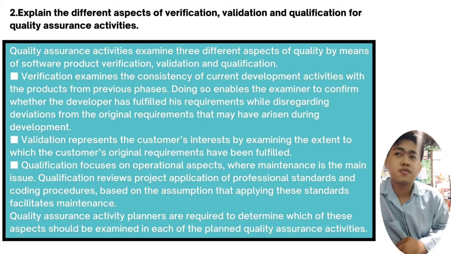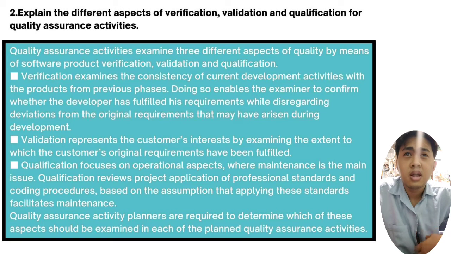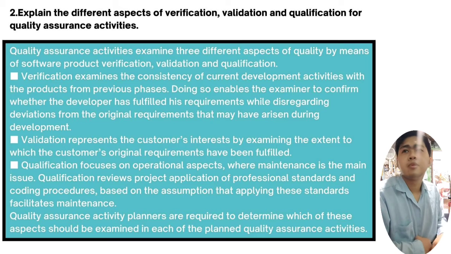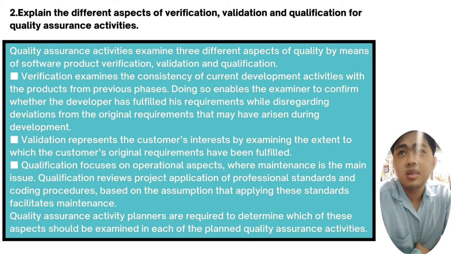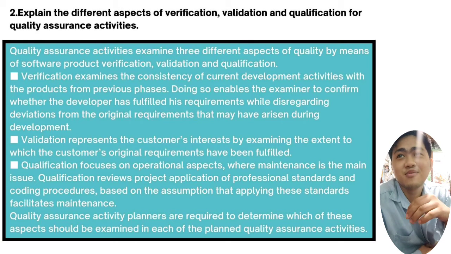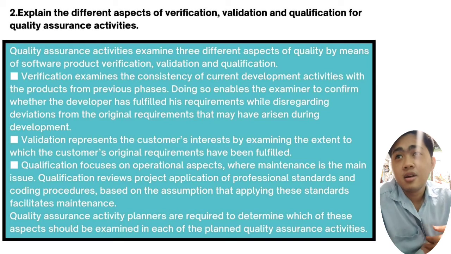For the next question for chapter 7: explain the different aspects of verification, validation, and qualification for quality assurance activity. Quality assurance activity examines three different aspects of quality by means of software product verification, validation, and qualification.